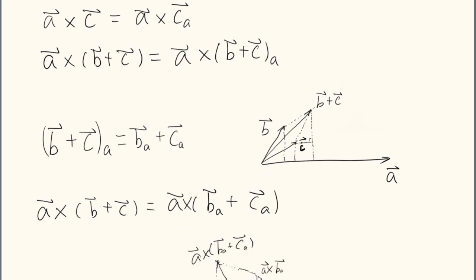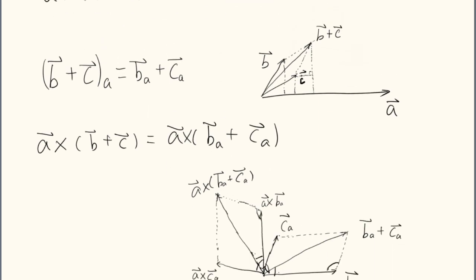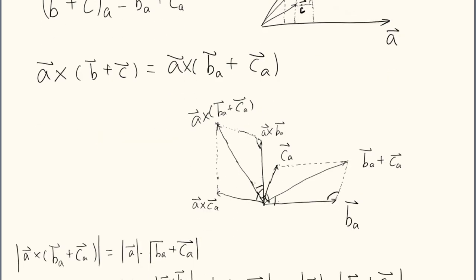Okay. Then we need to know what this means. Vector B sub A and vector C sub A are perpendicular to vector A.